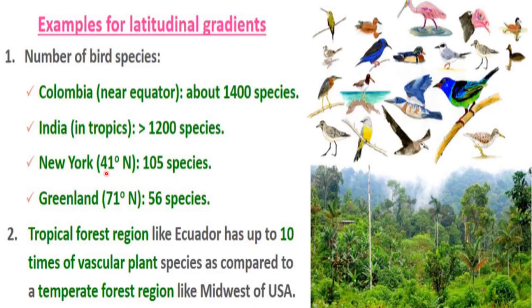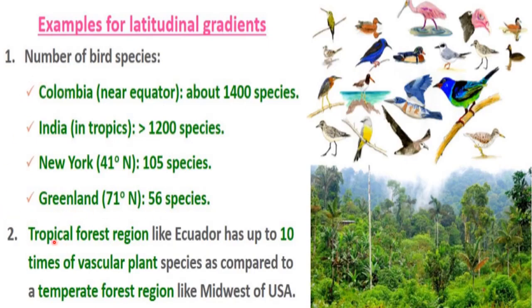In New York only 105 species of birds are present, and in Greenland, which is more towards the pole, at 71 degrees north, only 56 species of birds are present, right? So as we move from the equator to the poles, the number of bird species is decreasing. This is showing latitudinal gradient. You need to learn the number of birds in all these areas as an example of latitudinal gradient, right?